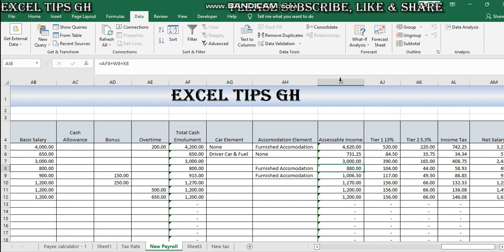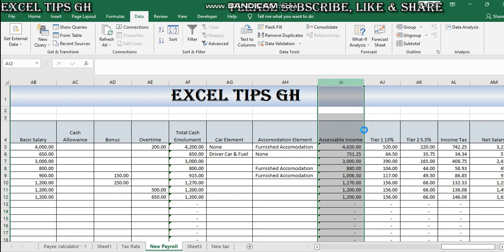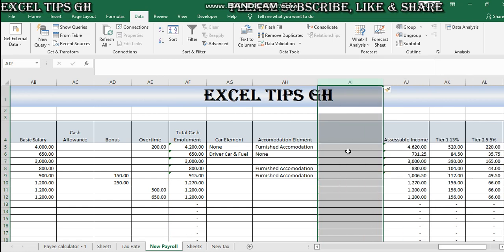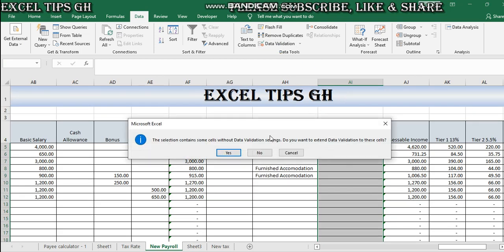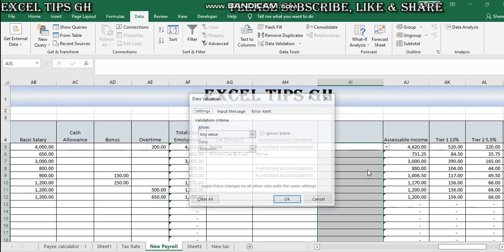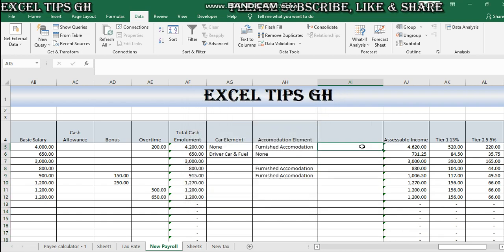We are going to insert a column over here. And then we should remove all of these drop downs. We are going to clear all of the drop downs. Okay, now it is all cleared.